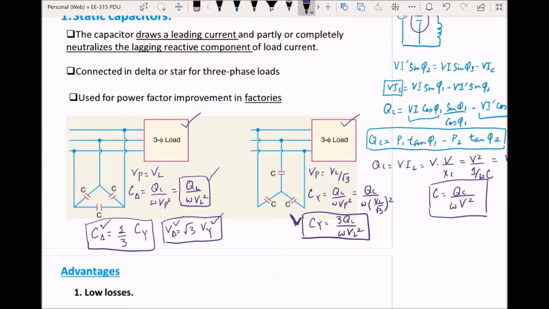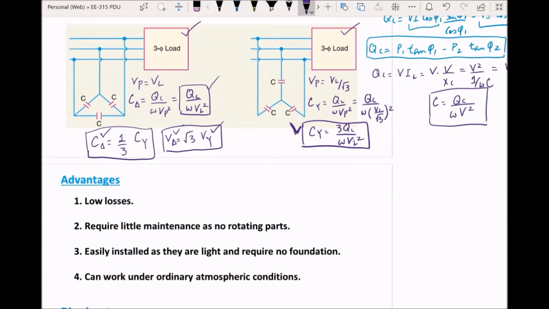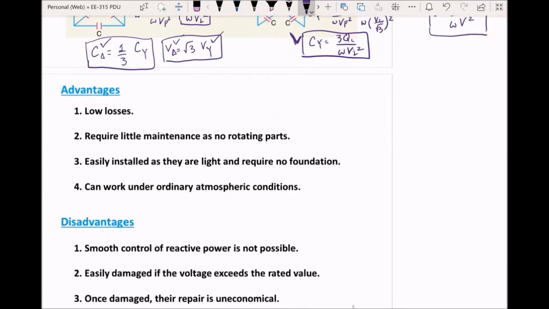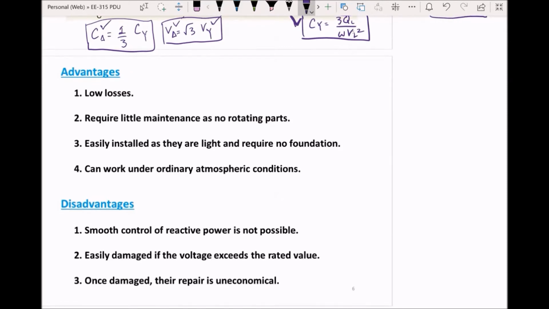Now if we want to talk about the advantages of static capacitors, we can see that they are practically loss free, and once they are installed, we don't really have to worry about them for 5 to 8 years.